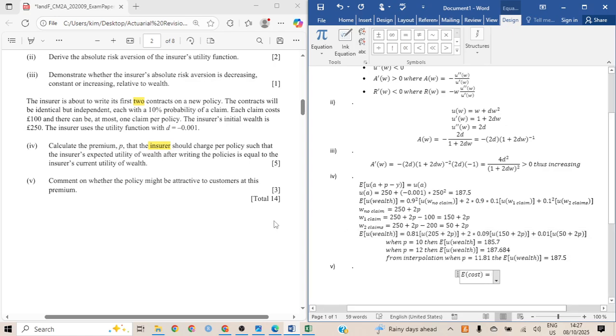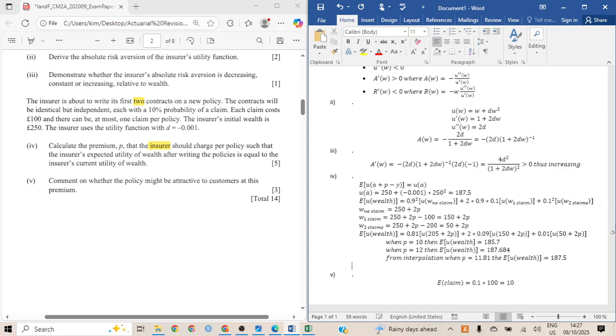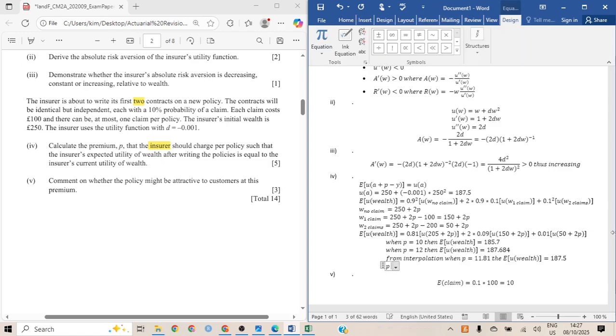The expected claim is, we had been told 10% of claim, so I'll have 0.1, and the cost of claim is 100. Multiplied by 100, I'll get 10. Let me just write here, P is 11.81.